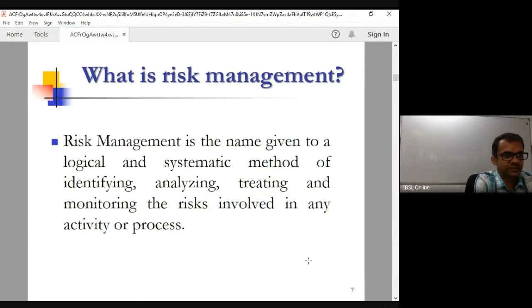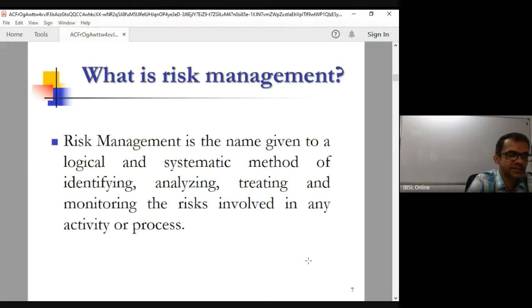Generally, everyone in the organization, from the very top to the bottom, is responsible for the risk management activities, but at different levels. A teller in a bank has a responsibility of managing risk in the process that he or she is carrying out.